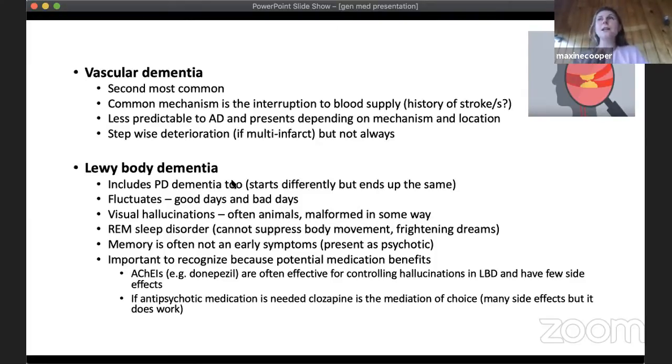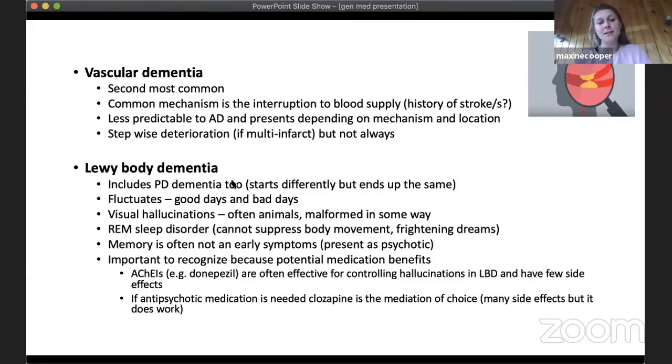And a key feature is these visual hallucinations. I always found this so bizarre, but apparently there are often animals in these hallucinations, and they're often quite malformed or upsetting. So it is important, if someone's seeing something or hallucinating, to ask about these hallucinations and what's in them, because it can actually give you some clues.